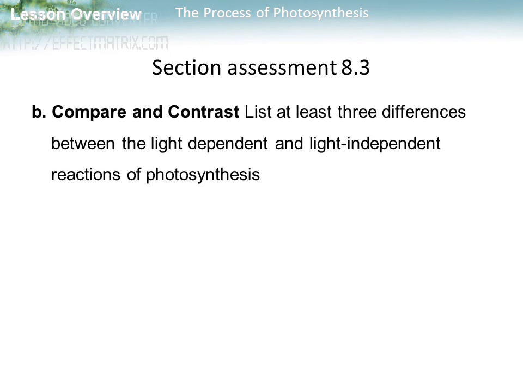Well, let's try another one. Compare and contrast. 2b. List at least 3 differences between the light-dependent and light-independent reactions of photosynthesis. This is a very important question. I hope you are trying it. Let's see the answer.